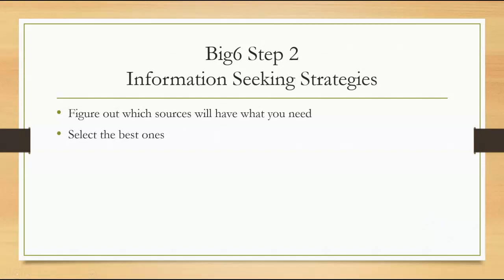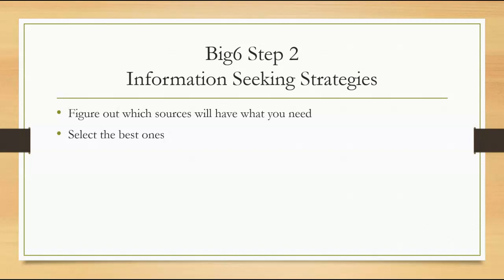For step 2, this is your information seeking strategies. This is where you're going to figure out which sources will have what you need, and you're going to select the best ones. So where do you need to look for information? Are you going to need fiction sources? Are you going to need nonfiction sources?